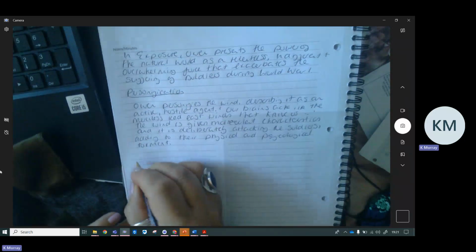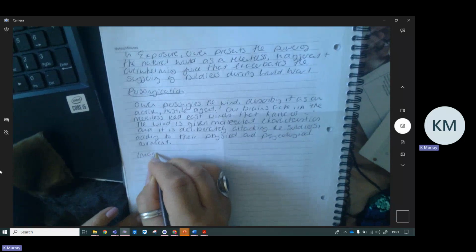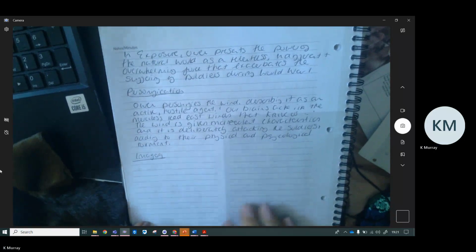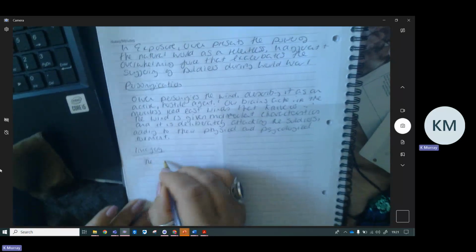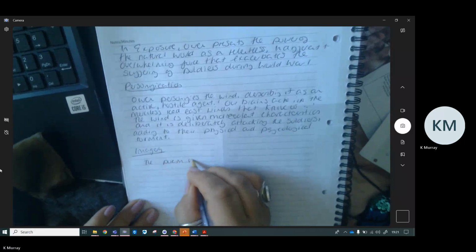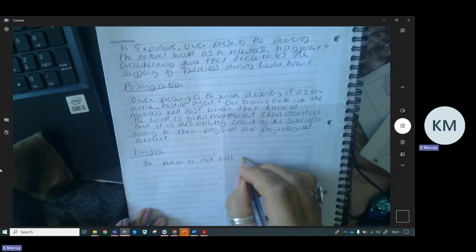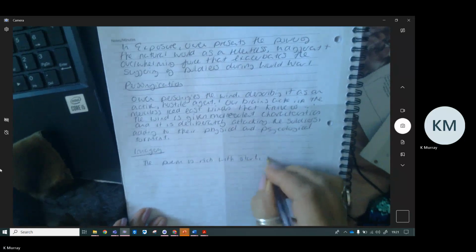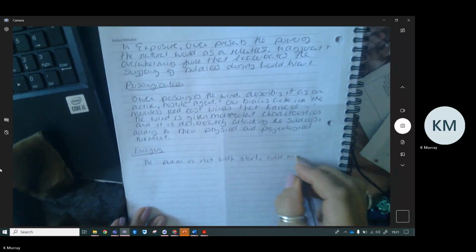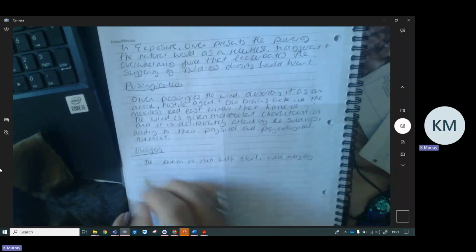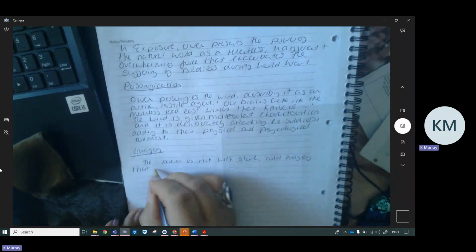Okay. The imagery that he uses in this poem. The poem is rich with stark, cold imagery. Why? What's it doing?